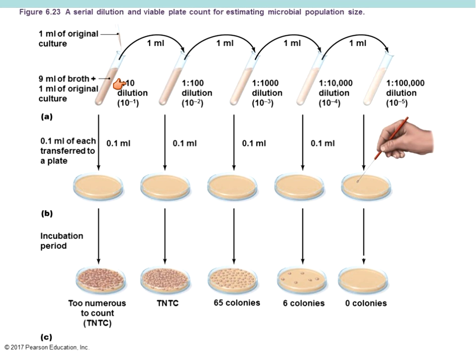We can use the exponential form of those numbers. When we do, we can count the number of colonies on the plate and then multiply by the serial dilution number, and that gives us a rough estimate of about how many bacteria are present.